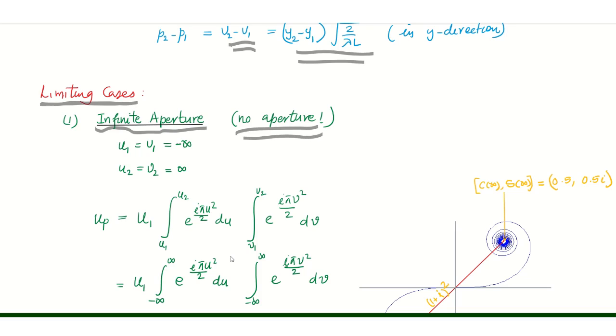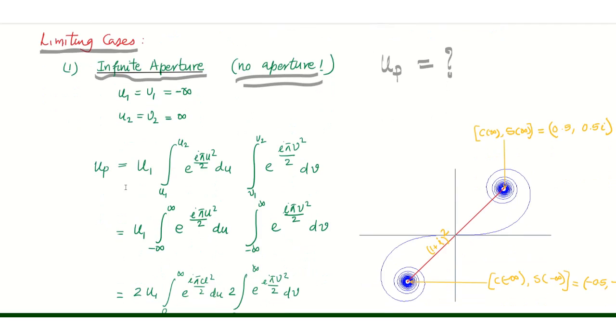The reason why I do this is to find out what the intensity will be in the absence of any screens. That will give you a normalization constant. That's the only reason why we do this.